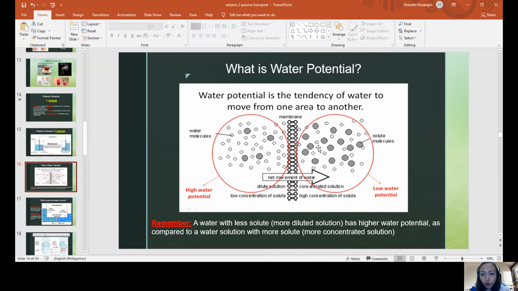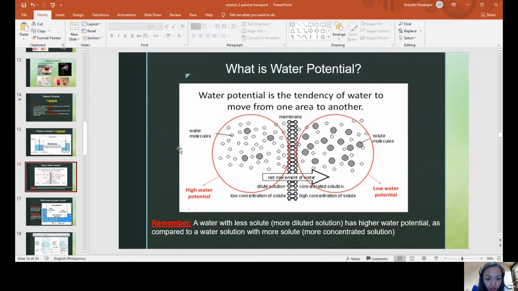First, we have to look at which one is high water potential and low water potential. Gi-encircle diri that this side has high water potential. How do you say that it has high water potential? Because, remember, water potential is the movement nga mo balhin si tubig.